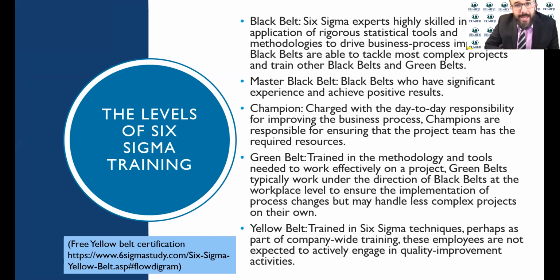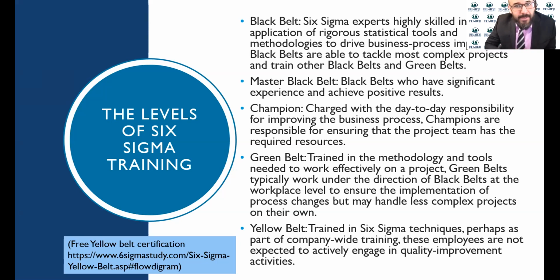It's highly skilled in the application of rigorous statistical tools, advanced tools that will help the organization. So the black belt is familiar with these advanced statistical tools that will help the company to improve processes.